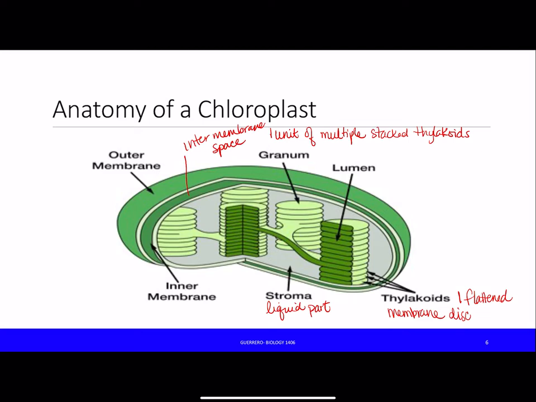And the thing that holds them together, that connects them to each other, is called your tubular lamella. It just connects your sets of granum to each other. Now, the inside of the thylakoid is hollow, and that space is called the lumen.